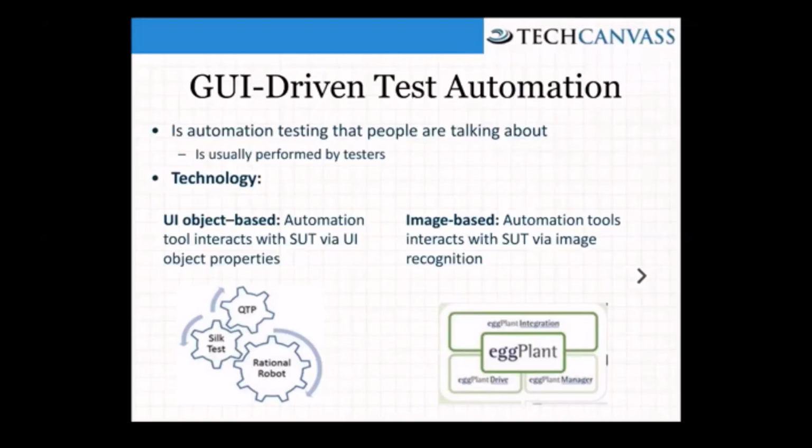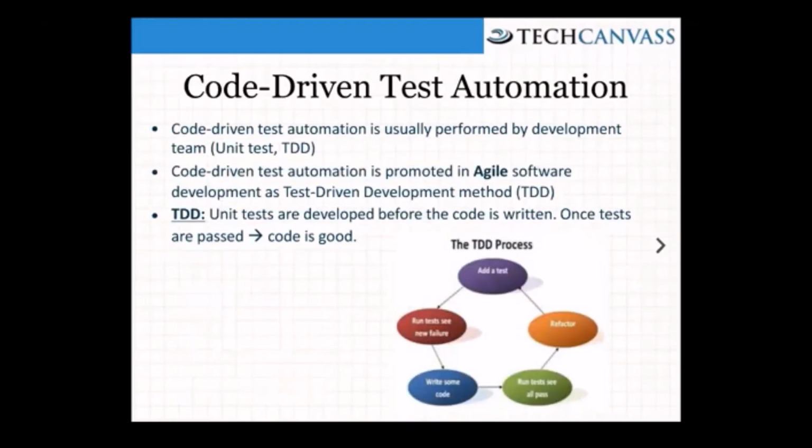It has few properties and my tool will interact using those properties, right? This is the crux. Our tool interacts with the application using properties, right? Which developers have developed. Image-based automation tool interacts via image recognition. Okay. Image can have properties as well and image can be recognized as well.